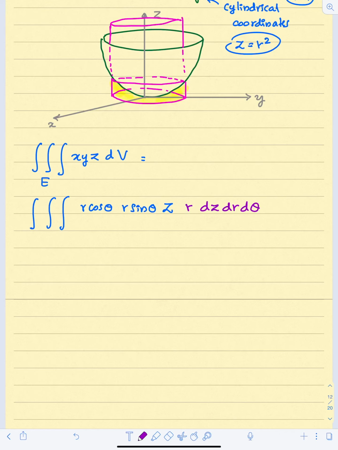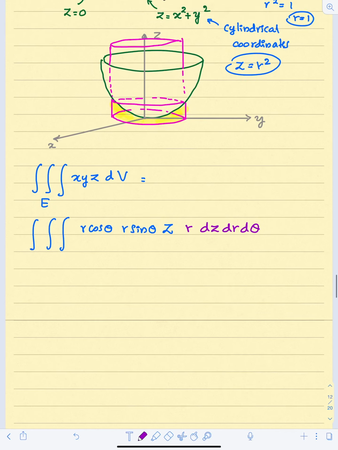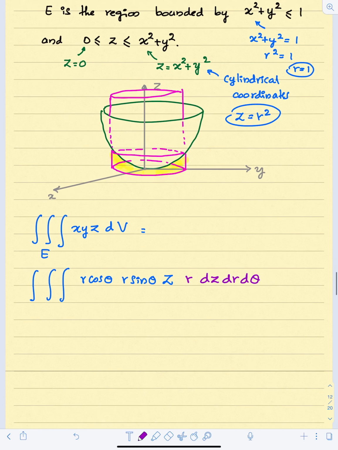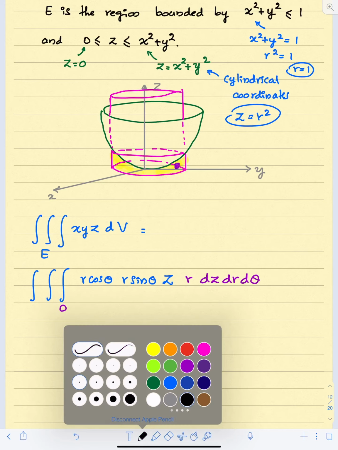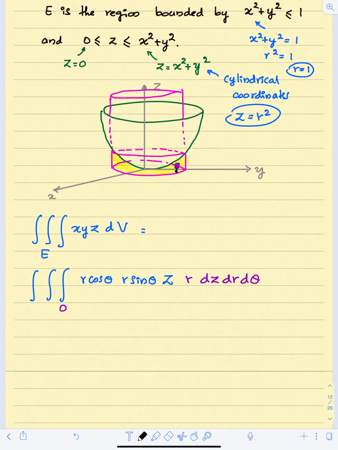That's the volume element. Now your z goes from the lower limit of 0, the xy plane. The upper limit is given by the paraboloid, which is r squared, and then r goes from 0 to 1, and theta goes from 0 to 2 pi.